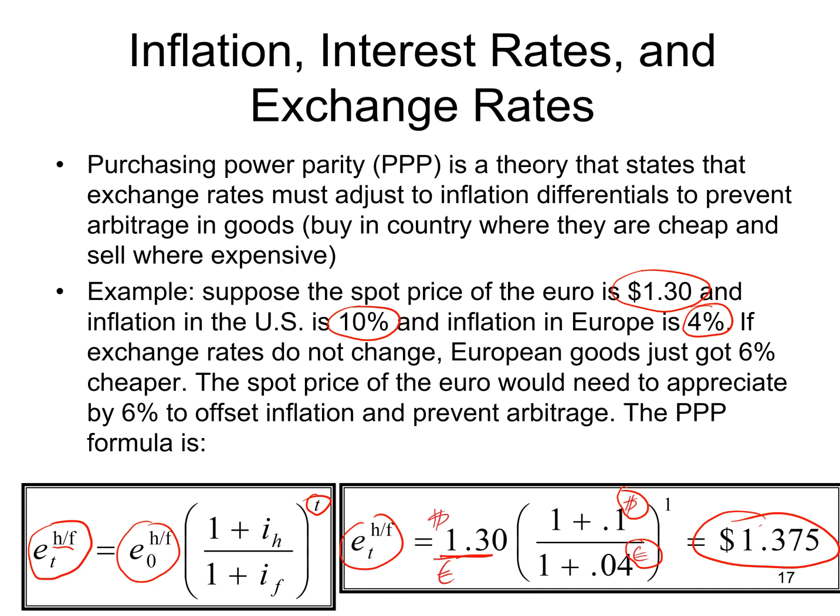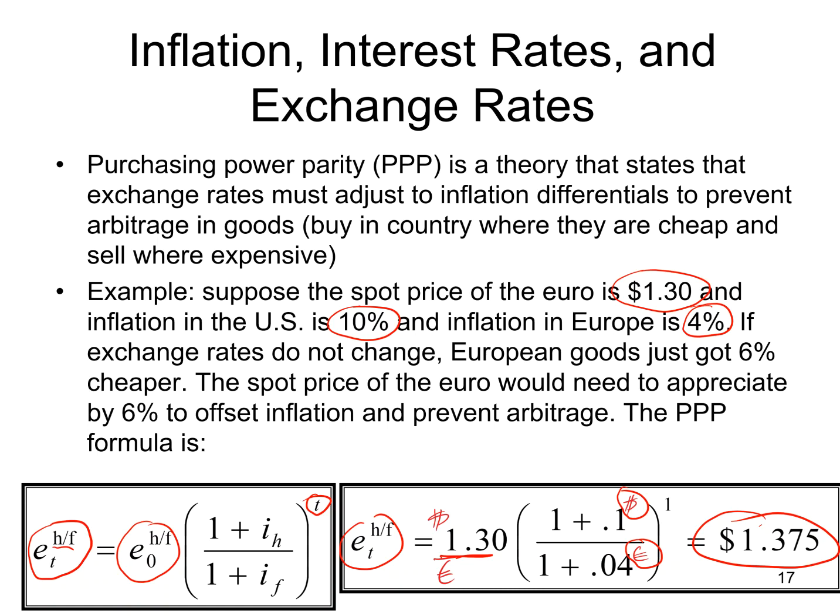So what just happened here? PPP is suggesting that the euro needs to appreciate by 6% to offset 6% less inflation in the euro. Otherwise, there'd be arbitrage in goods.